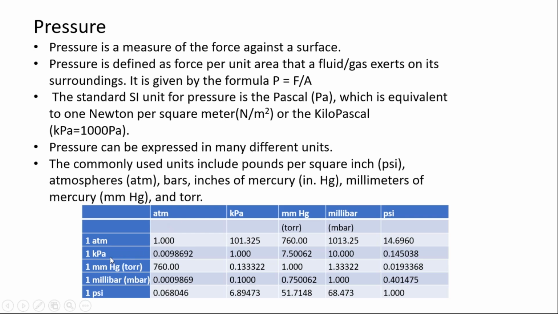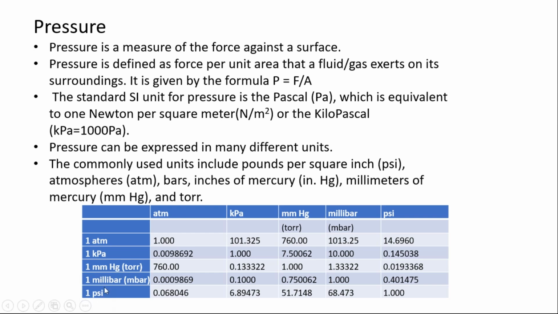You can have it in kilopascal. Vacuum is generally expressed because it is very low pressure. It is expressed as millimeters of mercury, so generally expressed as torr. So 1 torr is 1 millimeter of mercury.